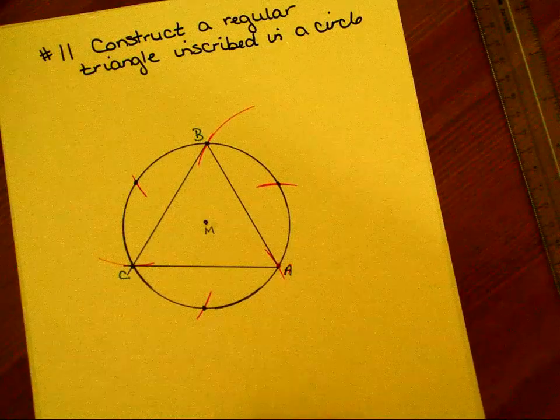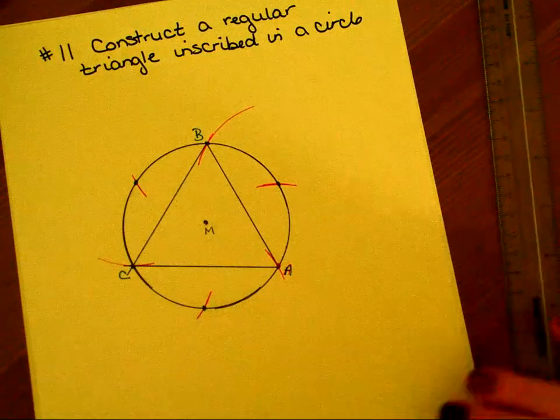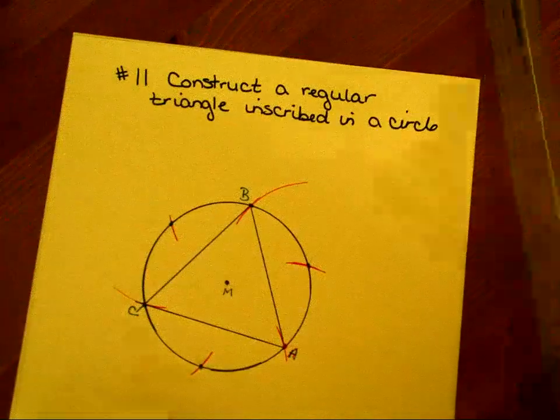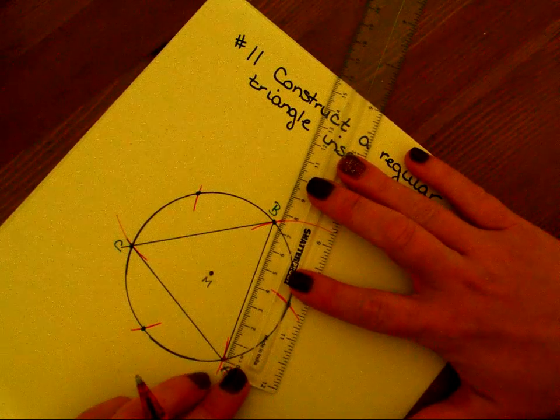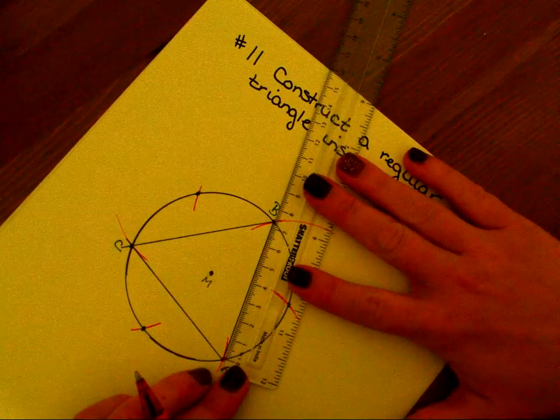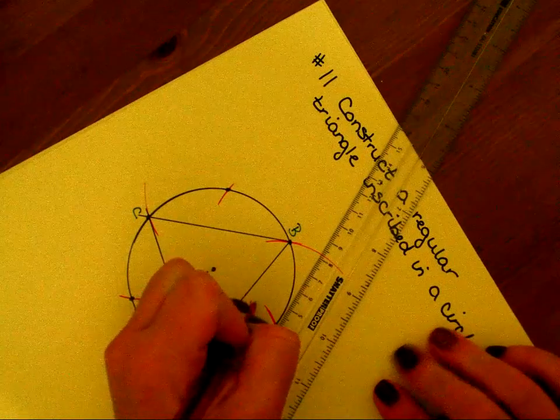Now, if I truly have created an equiangular equilateral, also known as a regular triangle, that means all three sides would have to be the same length. So I'm going to measure the sides of my triangle using centimeters again. I have 7.4 centimeters on this side.